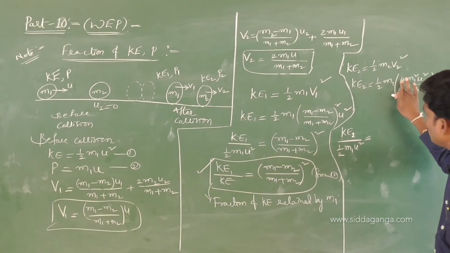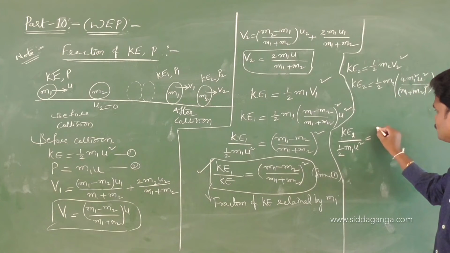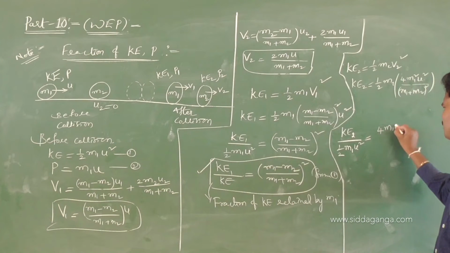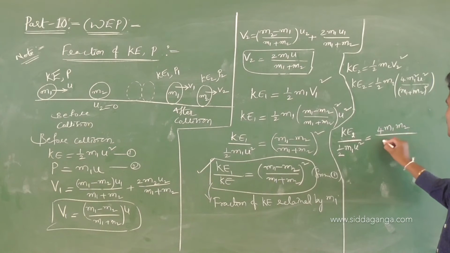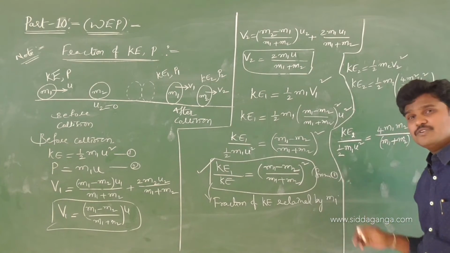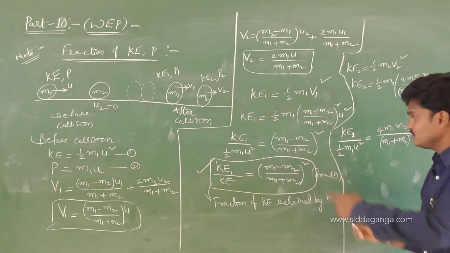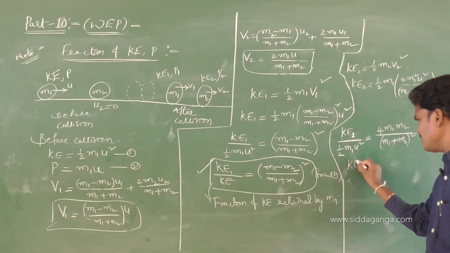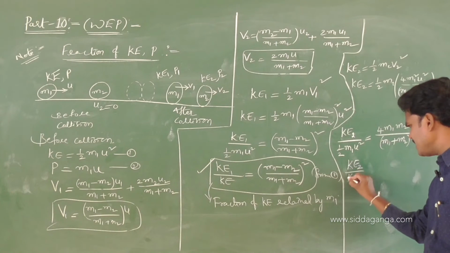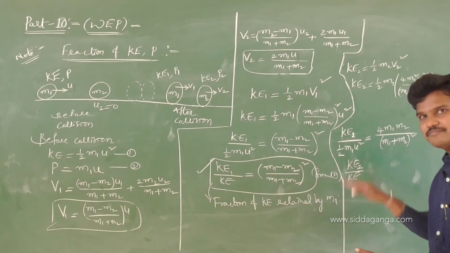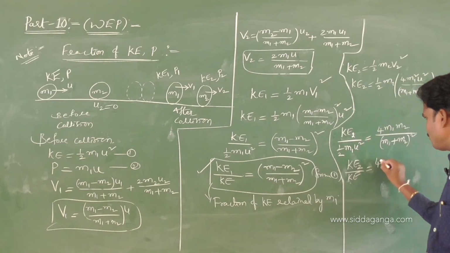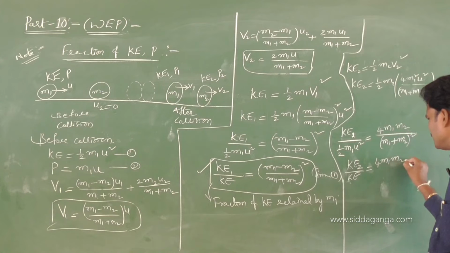So right side 4, 1 m1, 1 m2. So 4 m1 m2 by m1 plus m2 whole square. What is this? Half m1 u square, KE. So you are getting KE2 by KE, nothing but ratio, which is equivalent to 4 m1 m2 by m1 plus m2 whole square.